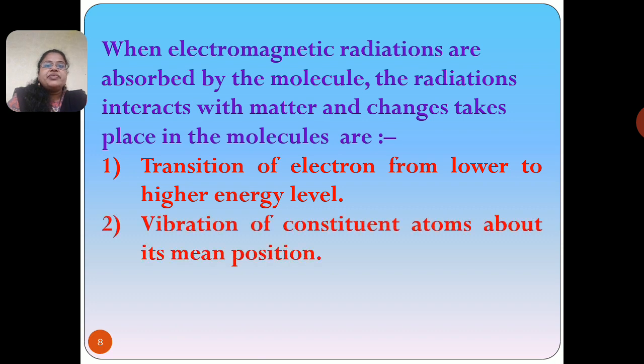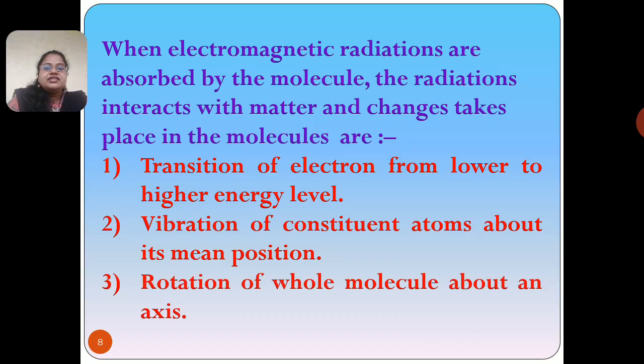Next, the vibration of constituent atoms about their mean position. And the third one is the rotation of the whole molecule about an axis. All these three kinds of changes are possible when electromagnetic radiations are absorbed by a particular molecule.